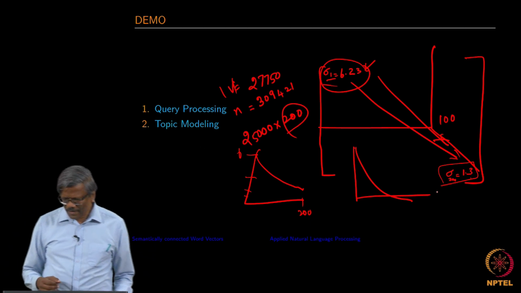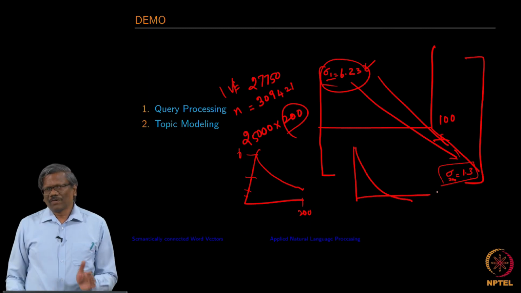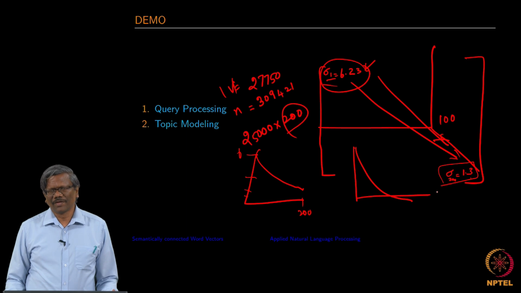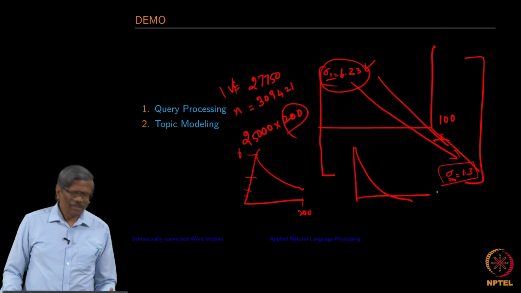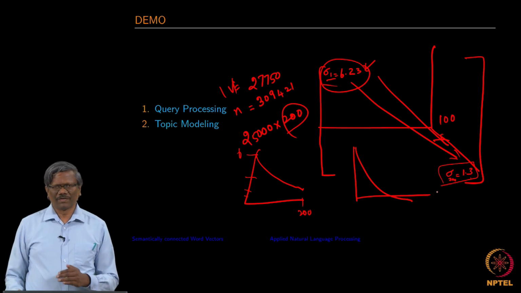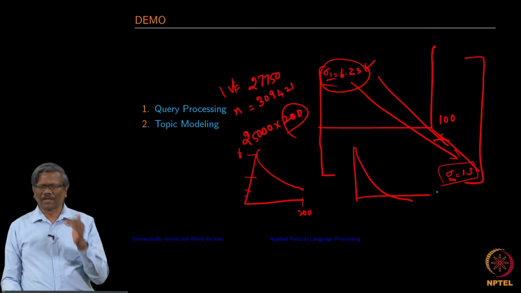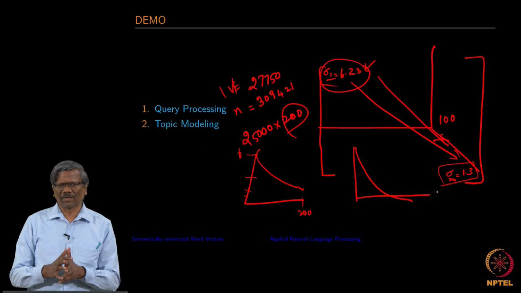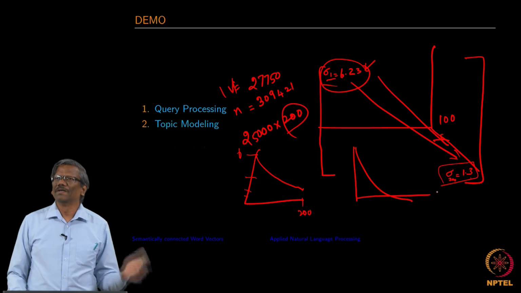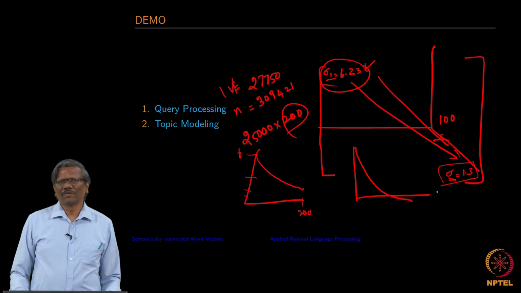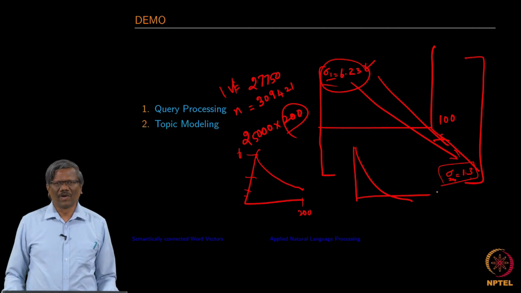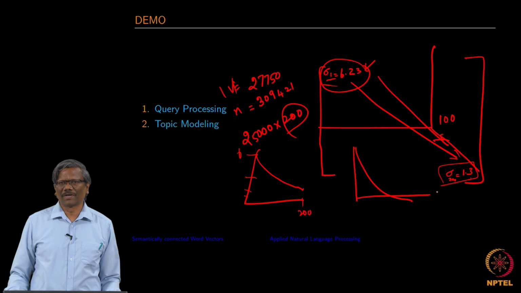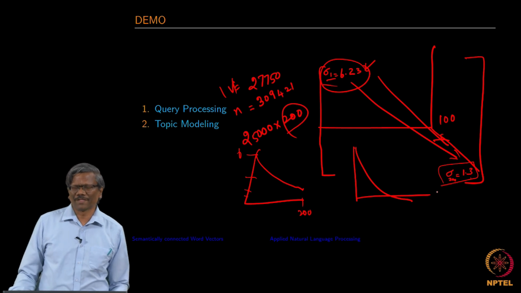So, what I suggest is take a close look at many of those documents and see what we can do to improve this. That is the first step. You need to look at that and see what kind of pre-processing we can do. Looking at the corpus closely is always about finding out how to do the pre-processing and eliminate certain noisy things that are not going to contribute to our process.